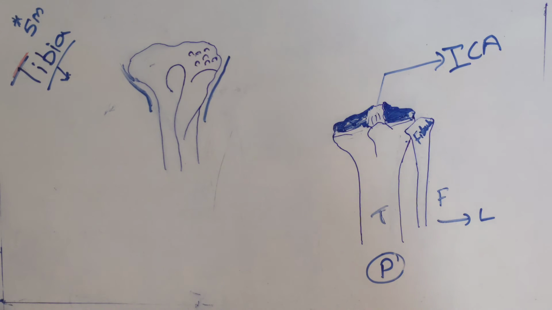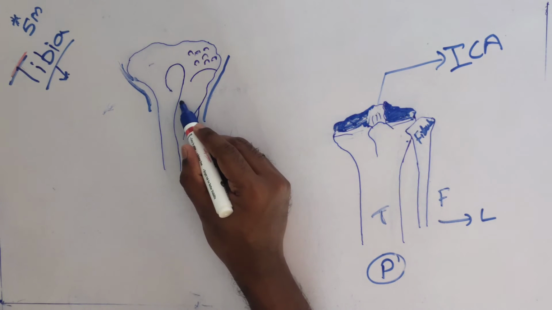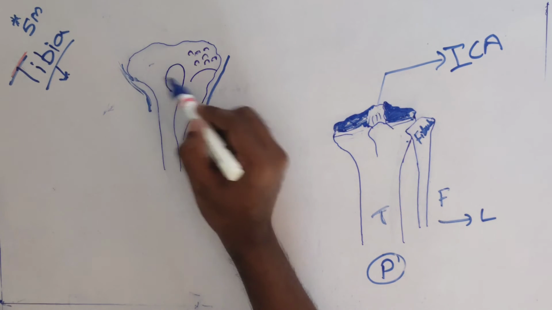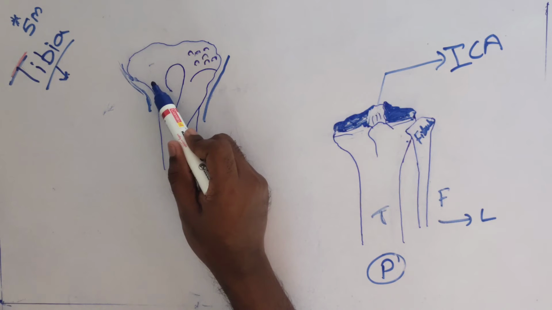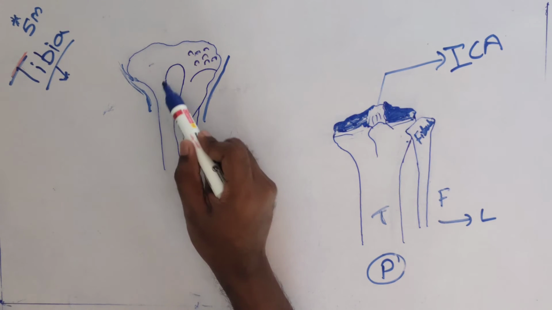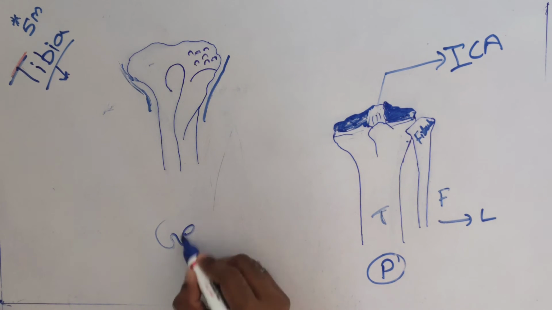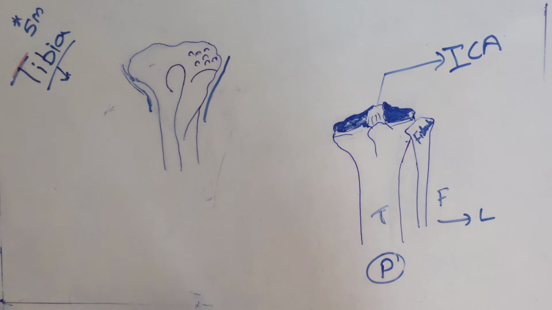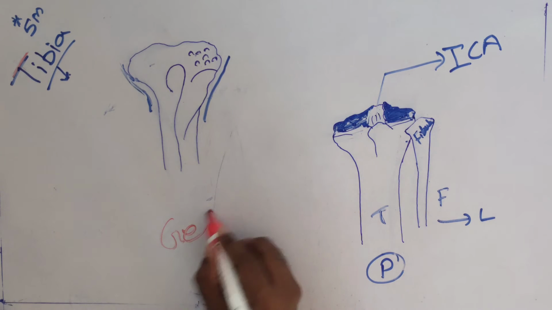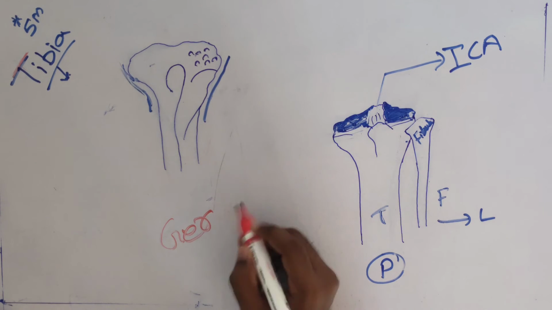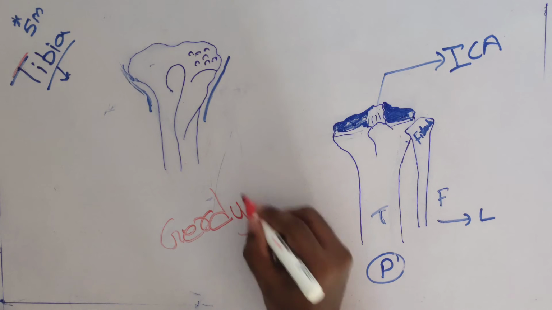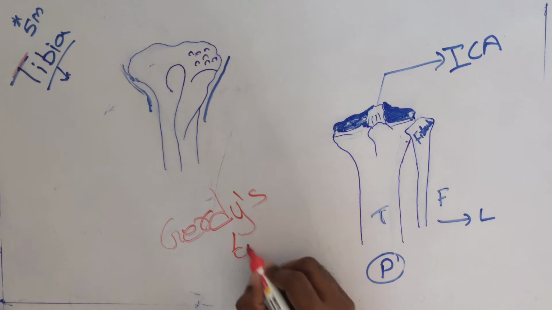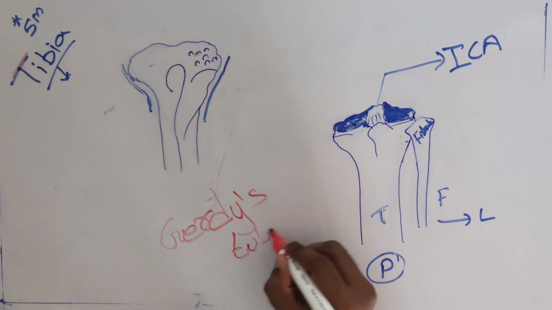Next, the anterior aspect of the condyle bears a flattened impression known as Gerdy's tubercle.